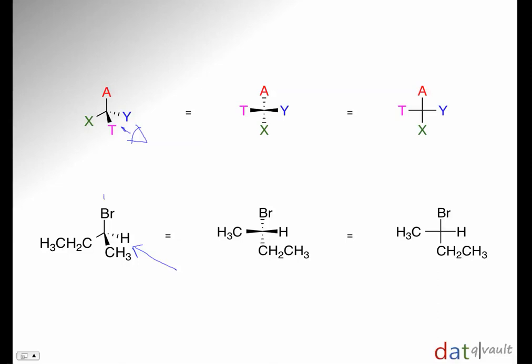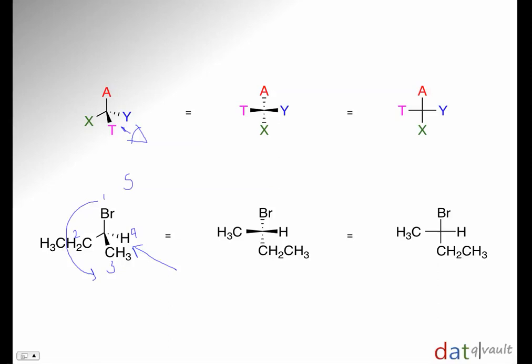We go by priority, bromine being the highest priority, then the ethyl group, and then the methyl group. The hydrogen is the lowest priority substituent, and it's already facing back and away from us. So we just go from 1 to 3, and we notice we're going in a counterclockwise fashion. So this is in the S configuration.